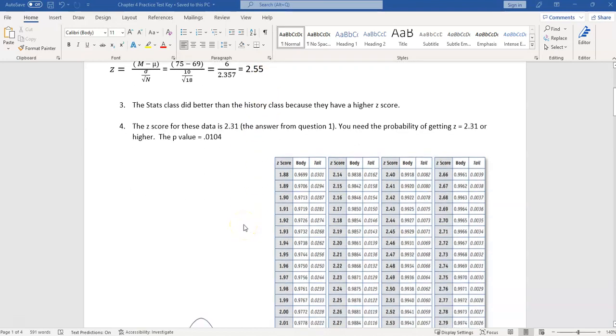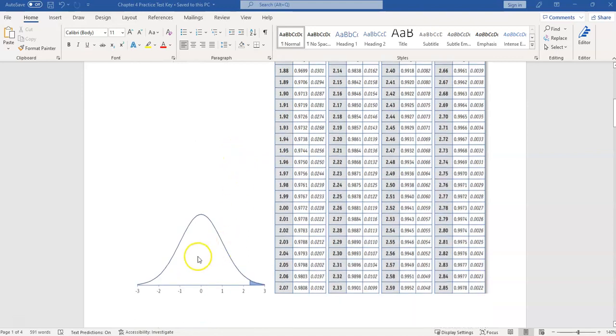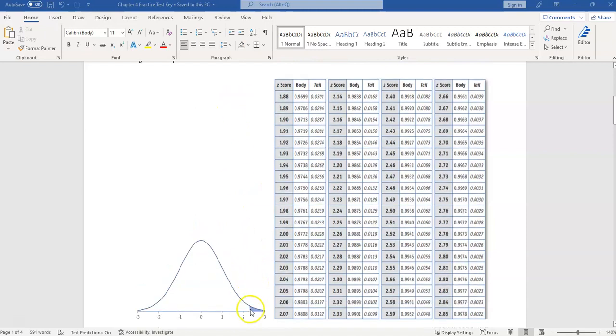Okay, and now for question 4, you're asked to find the probability of getting a z-score of 2.31, which is your answer for question 1. This is you dealing with the same data from question 1. So the first thing you should do is draw the curve. Here's the curve. Locate where 2.31 is. There it is.